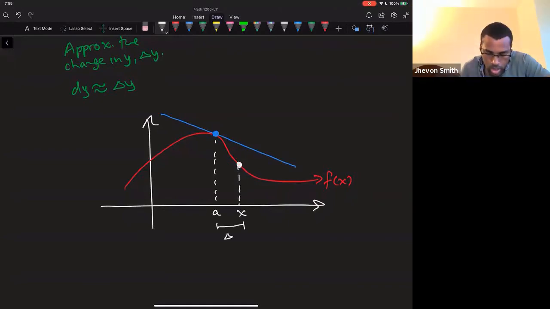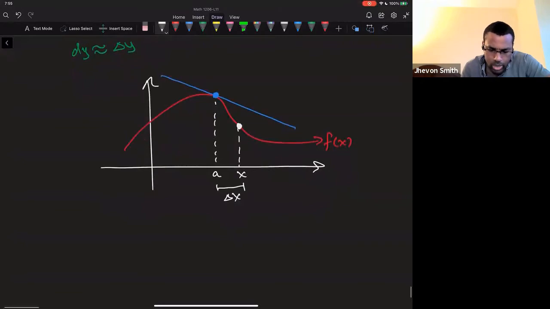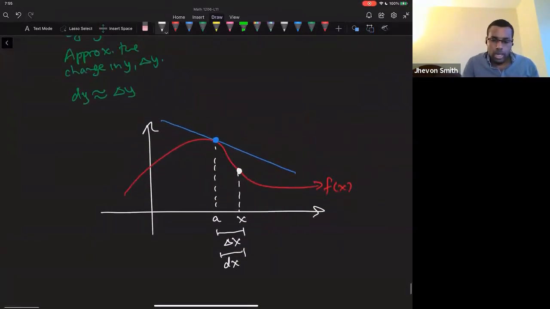So this here is your change in x, but that's actually going to be your dx as well. Like you know exactly what it is. You know what x value you care about. So your dx approximation is just going to be your delta x. That's the best approximation you can get.